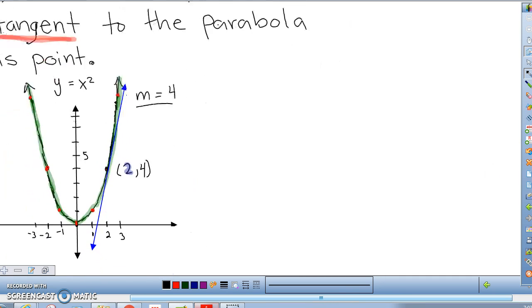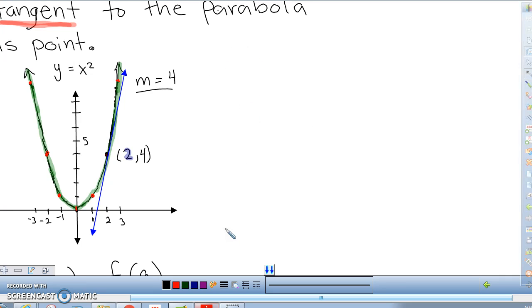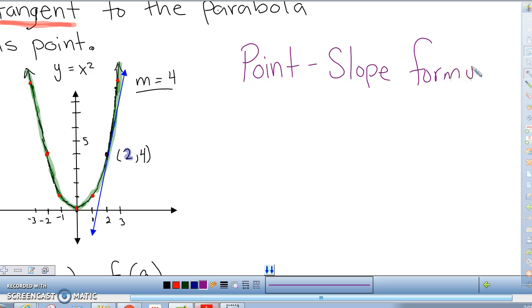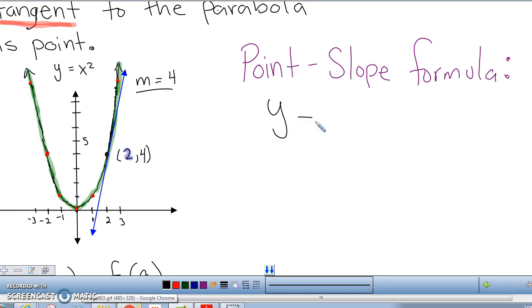So why not use the infamous point-slope formula? y minus y1 is equal to m times x minus x1.